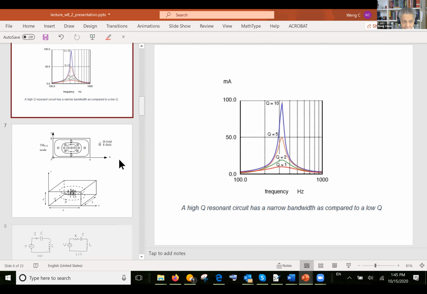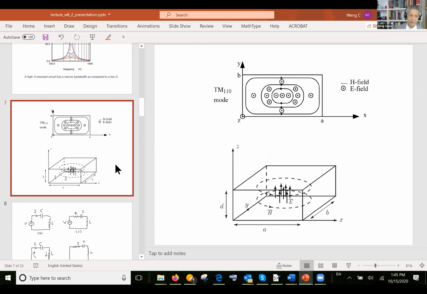And you can apply this concept, which goes from circuit theory, to cavity resonance as well. In the resonating cavity, there will be wall losses, which can come from radiation or dissipation in the metallic wall, and that will cause the field in the cavity to decay with respect to time.